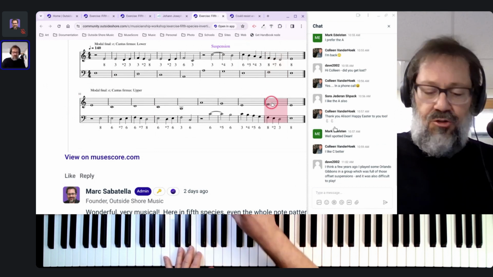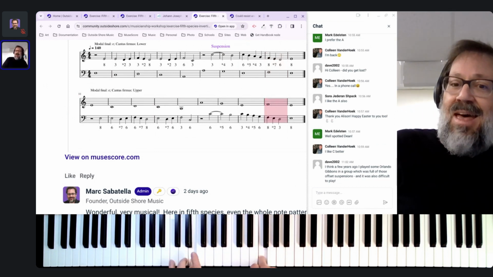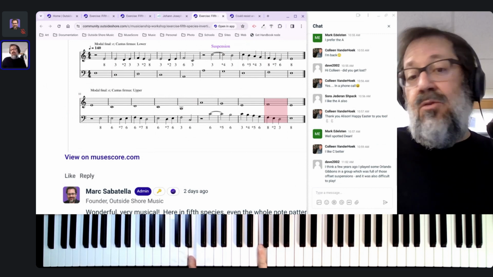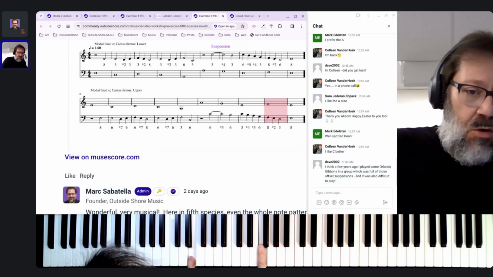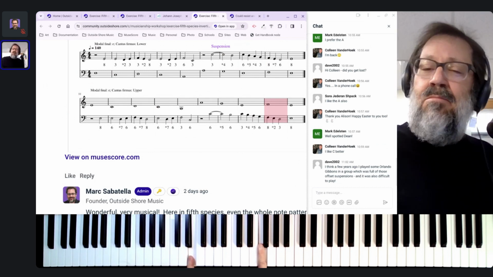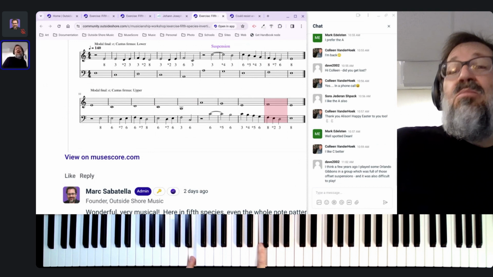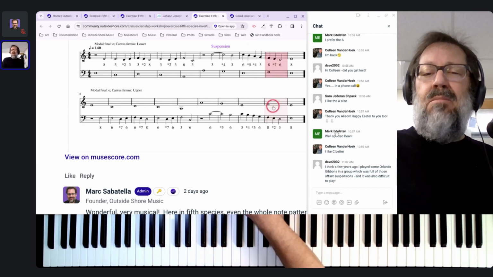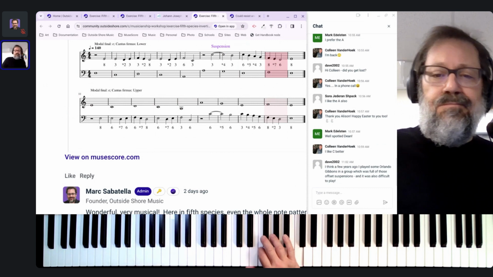But in this version, that minor ninth, this is often considered the single most dissonant interval there is, more so even than the tritone, which isn't to say we don't use it, but it definitely pricks my ear more than that major seventh did. Not a problem. It's just interesting.